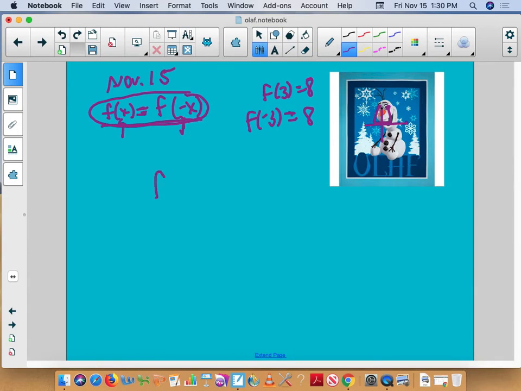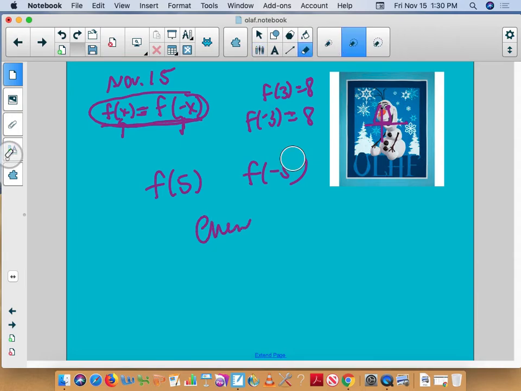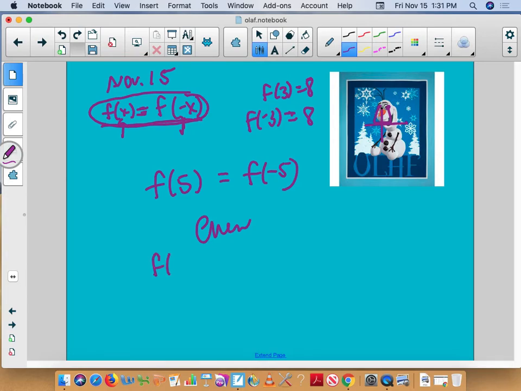What should happen if I do f of 5 and f of negative 5 if it's even? Nobody knows? What should happen? Bailey? Get the same answer. Okay? What should happen if I go f of negative 9 and f of 9 if it's even? Yes.